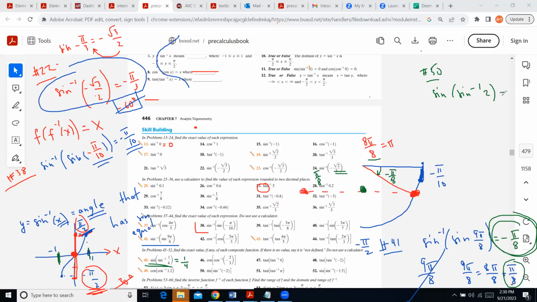Turns out there is no answer here. And the main reason is that negative 2 is out of the domain for the function arcsine. So this thing is undefined. And actually the calculator will also tell you that.